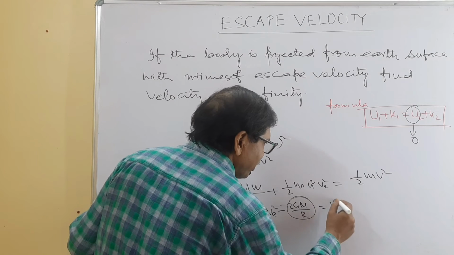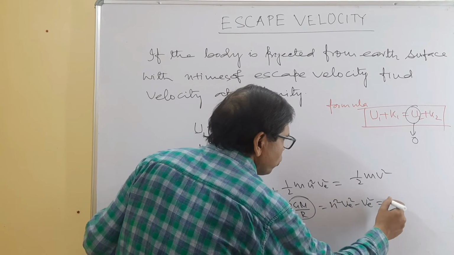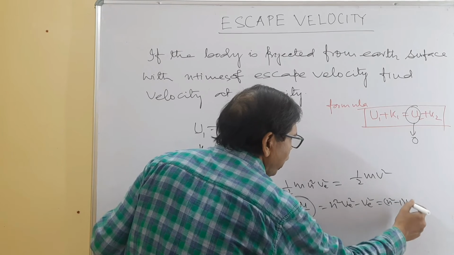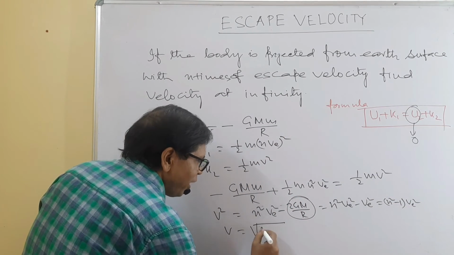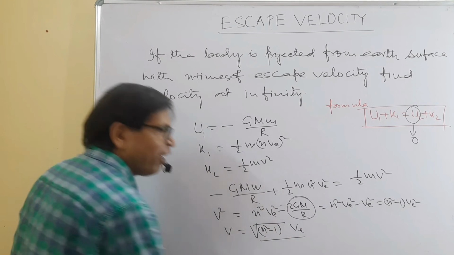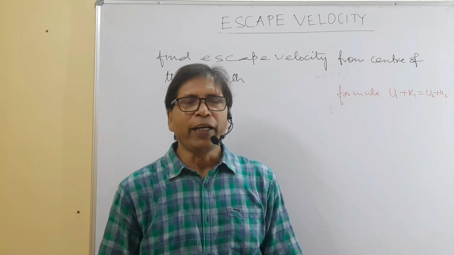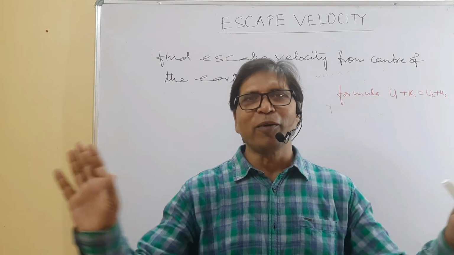So this is n square ve square minus ve square, which is (n square minus 1) into ve square. So v equals root under of (n square minus 1) into ve. Okay, understood?